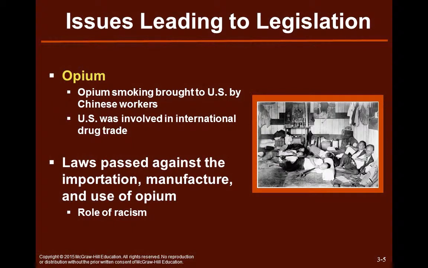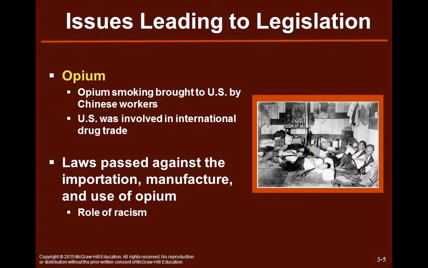So one of the first drugs that became illicit here in the United States, one of the first drug laws that we see passed against drug use, many of these laws had to do with the use of opium. If we think back to historical trends at the time, there was a large influx of Chinese immigrants to the United States around this time period. And opium smoking was a cultural habit that came along with them. Now, this was not something that was considered illegal at the time in the United States.